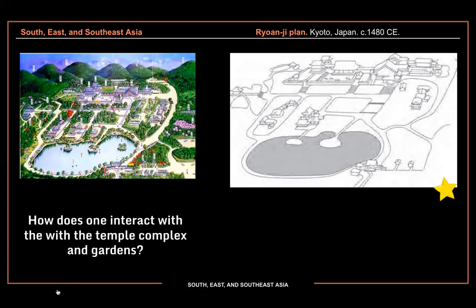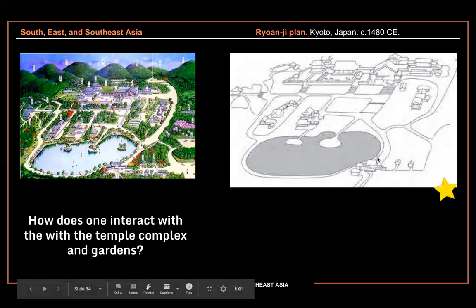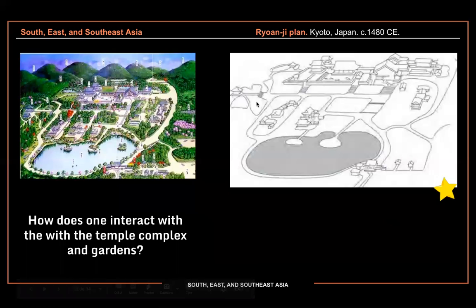And so we have a map of it. From the map, can you tell how you would experience this complex? There's a lot of paths. So there's a lot of ways for you to walk and meditate and to really view the beautiful nature that you see in all of these green parts.